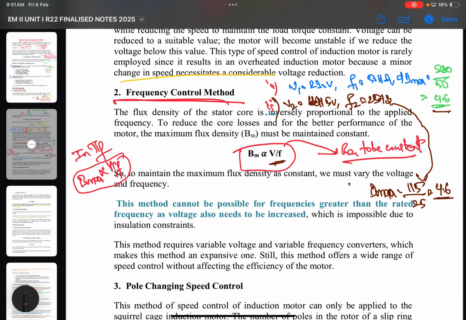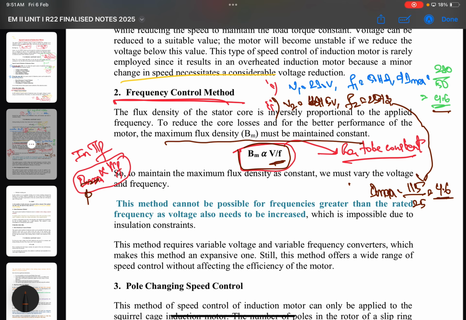Because we have to maintain a relation: Bmax has to be constant. Bmax depends upon frequency and voltage. If Bmax is maintained constant, then the transformer will operate in normal condition.